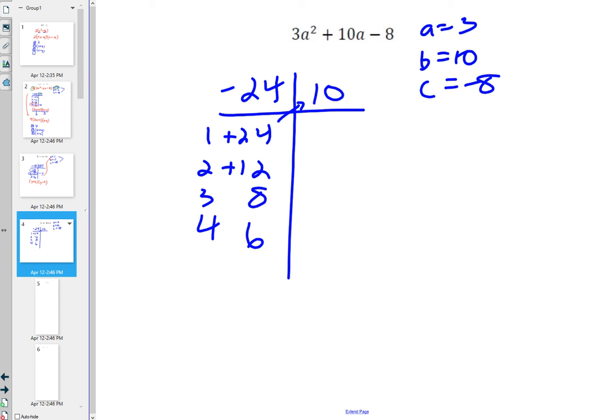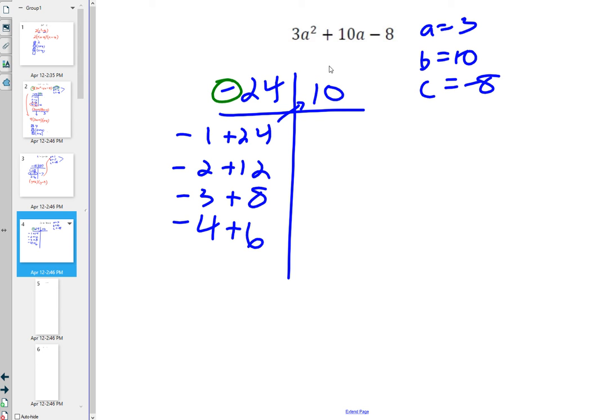So plus, plus, plus, plus. But in order to multiply and give us a negative, one of them has to be a negative. If I know the bigger one has to be positive, that means the smaller one has to be negative. Do any of these add up to positive 10?